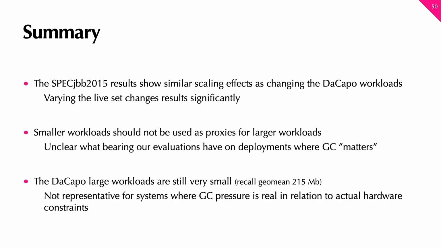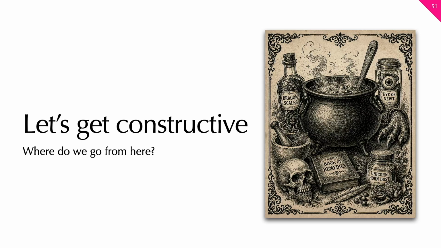It also suggests that these small workloads shouldn't be used as proxies for what we'd see in the larger workloads at all. What we are doing isn't necessarily representative of what our users, the ones we are building these GCs for in the end, are likely to see.